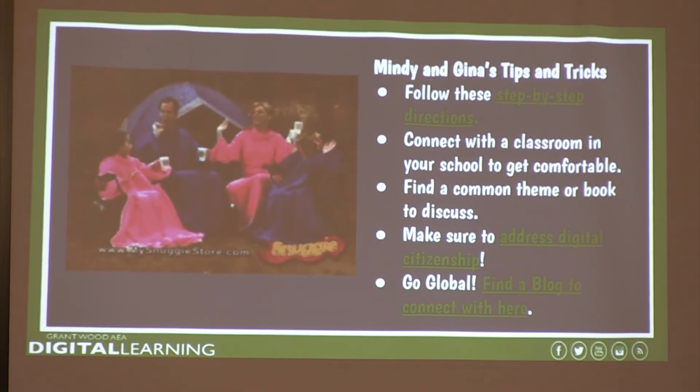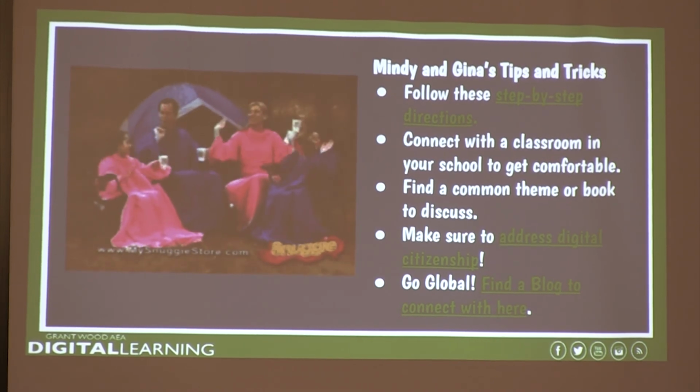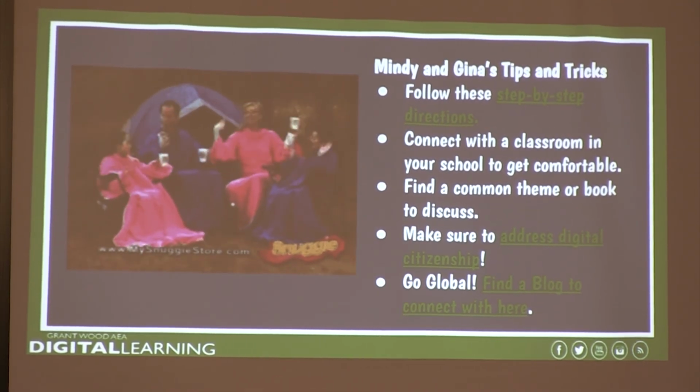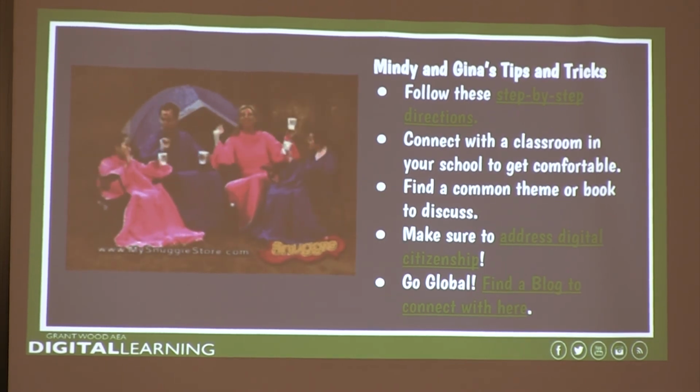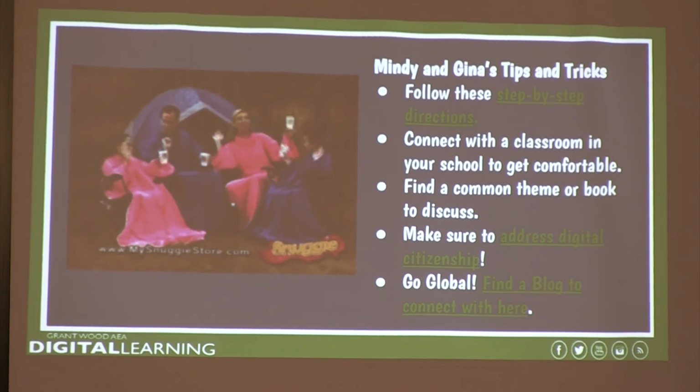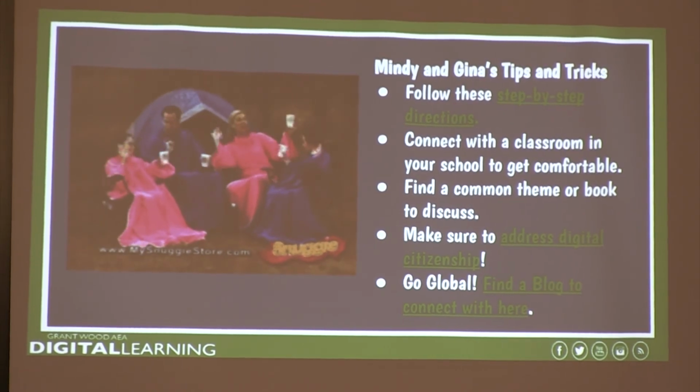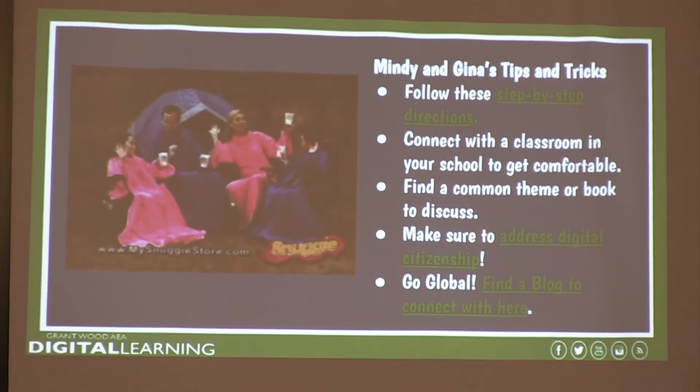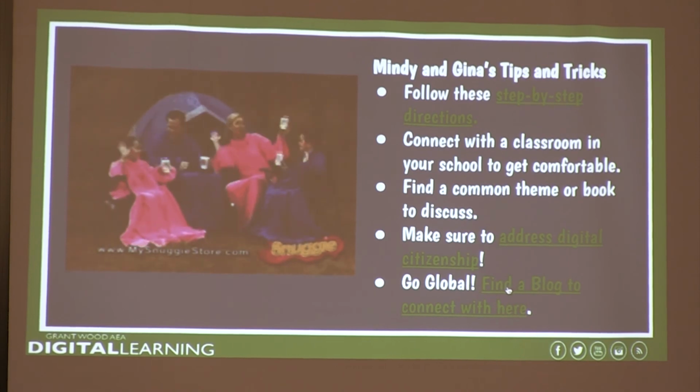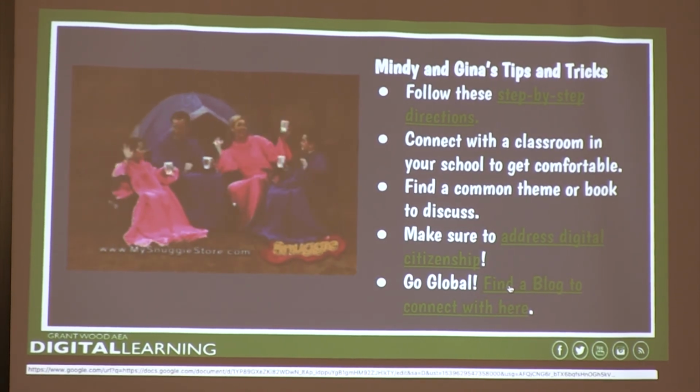And usually there's a teacher email involved with that too, so you can email them and say, hey, I'd like to connect with you. Maybe this week do you want to read the same story together and we can talk about it online? Or maybe do some sort of mystery Skype, like we don't know where they're from, let's see if we can figure it out. So it really is an authentic way for them to connect. And that link is here for all of those Seesaw blogs.